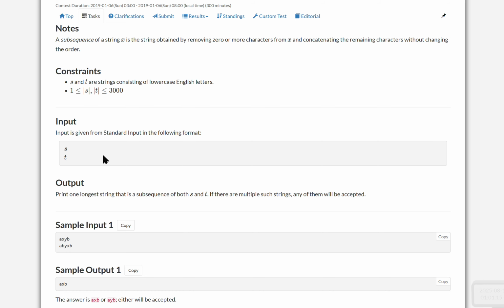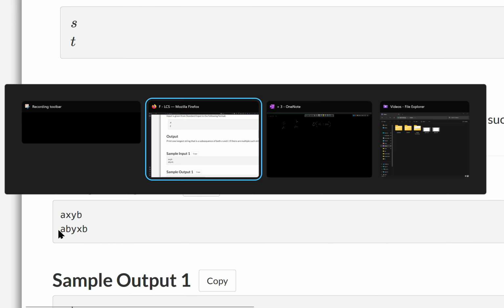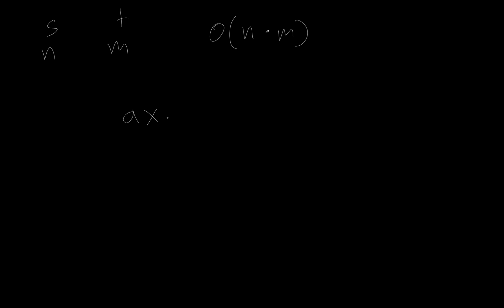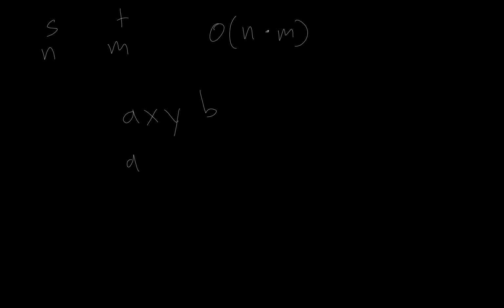What we want to do in DP is try to solve this problem using smaller problems we've solved in the past. So if you're looking at this, for example, AXYB and ABYXB. How do we do this, right?